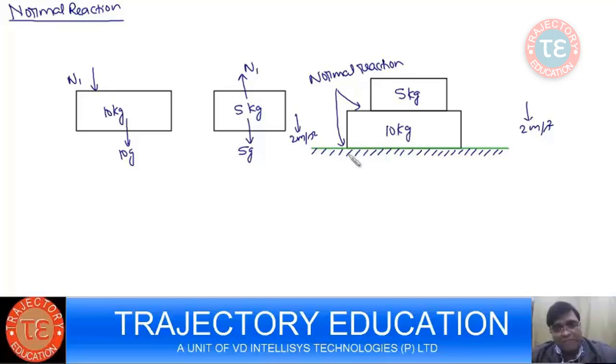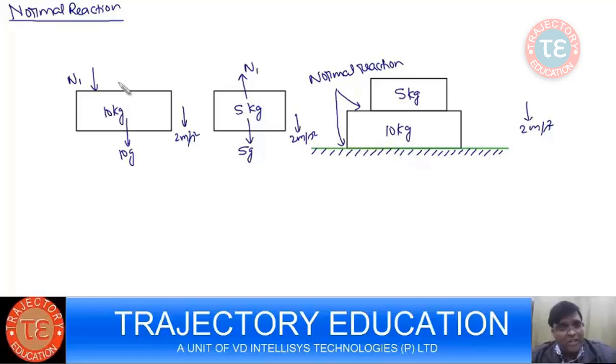It also interacts with the surface. See, had this 10 kg been free, it would have gone down with an acceleration of more than 9.8 meters per second squared, because the net force in downward direction is 10g plus N1. But we are finding that this body is going down with 2 meters per second squared.